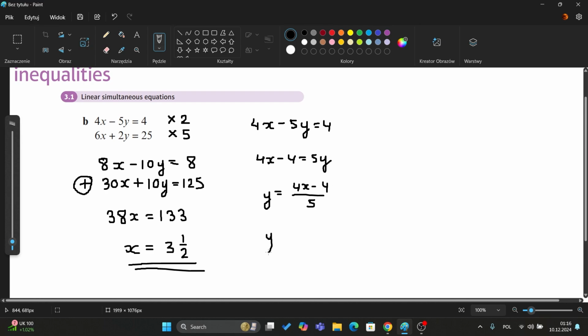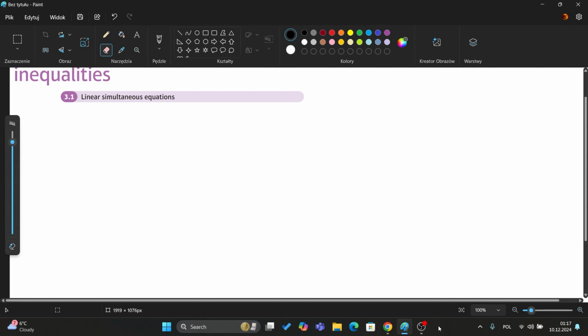Now we make x be 3.5, and we work this out on a calculator, and we get y equal to 2. So here we have x equals 3.5 and y equals 2. And those are the two methods that we are going to use, the method by substitution and the method by elimination. Now I have to solve simultaneous equations, and I'm going to use both substitution and elimination.